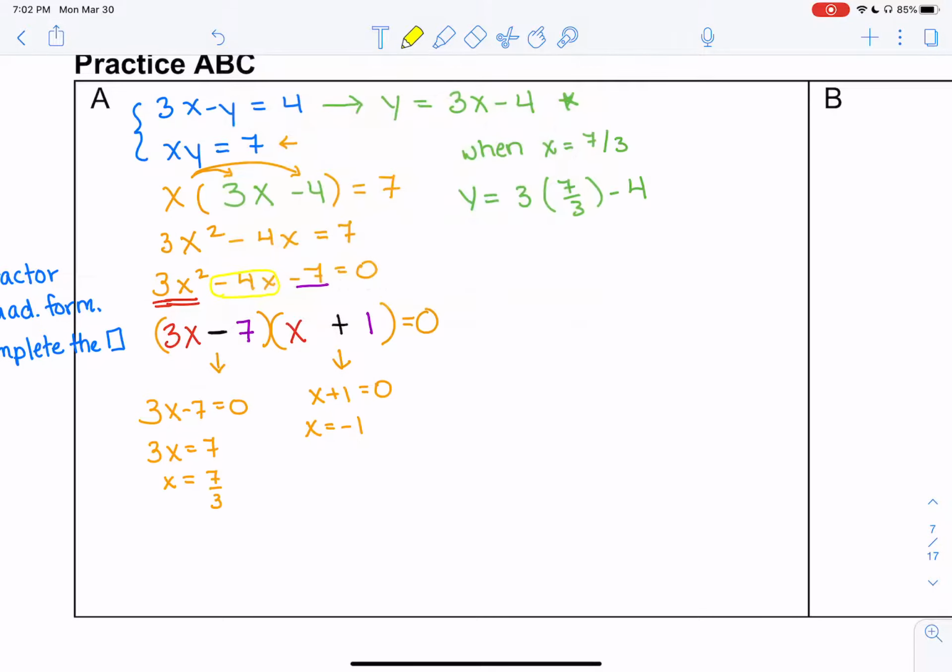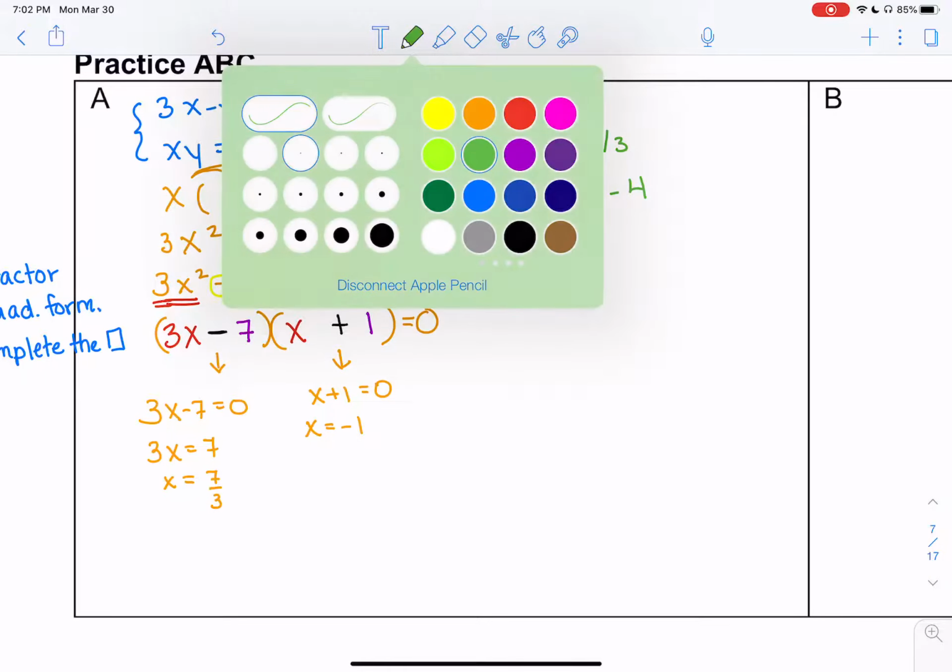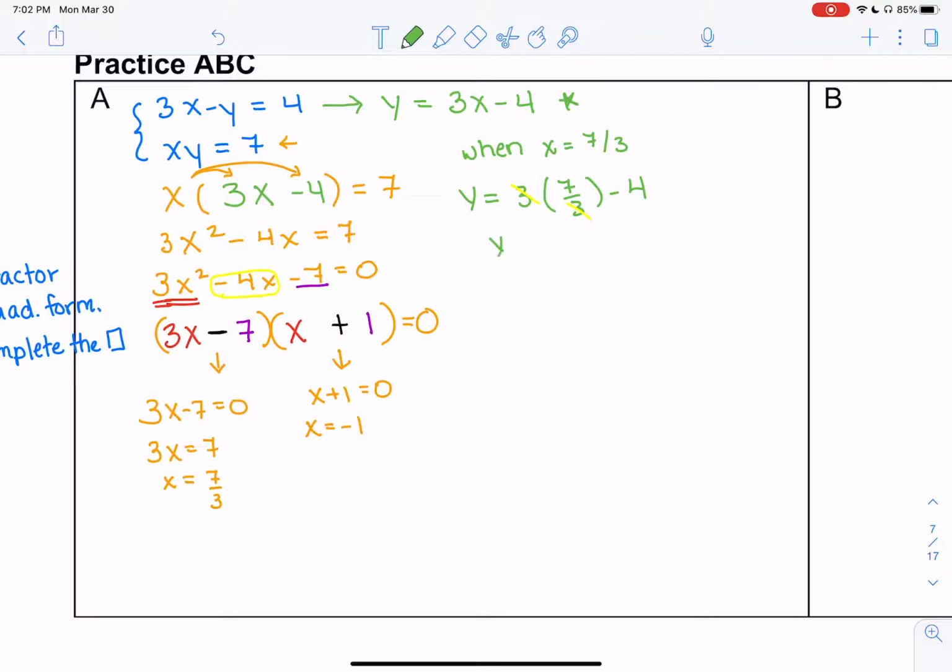Fortunately, it appears that I can just cancel out my 3's. That makes it a little bit prettier. So I end up with y equals 7 minus 4, or 3. Okay, so when x was 7/3, y was 3. I'm going to take that over here to the side and write it as a system of equations and make that one of my solutions.